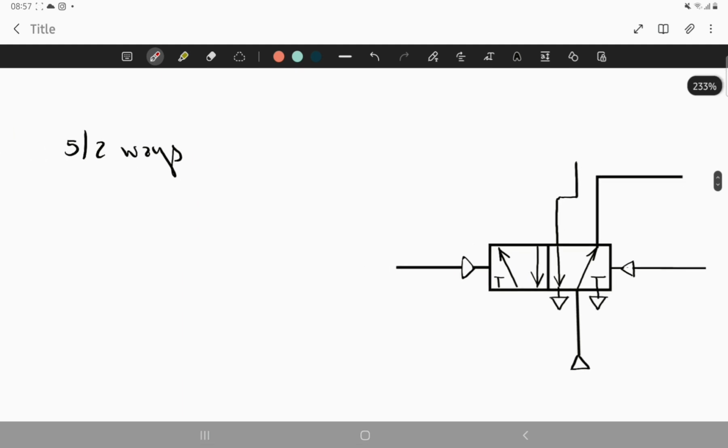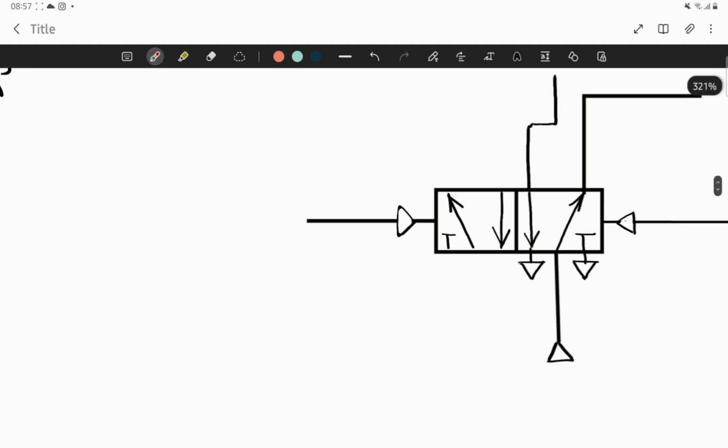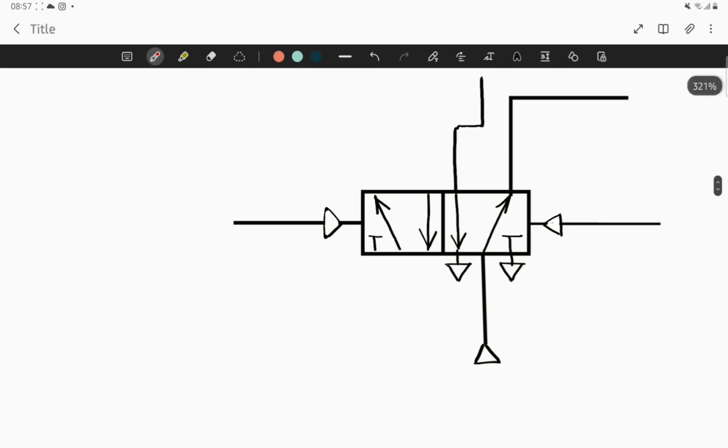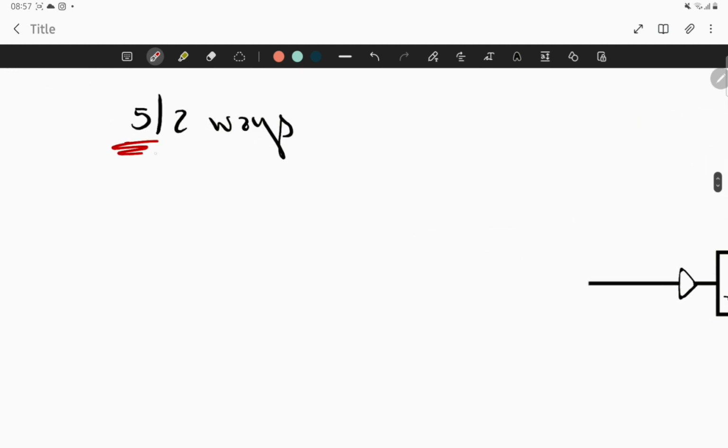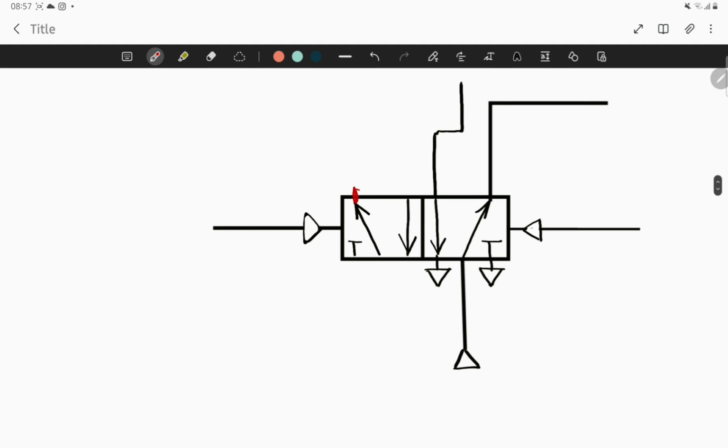So on this valve, what happens is that we have more positions for where the air can come out, because here we have 5 positions to connect or receive pressure.